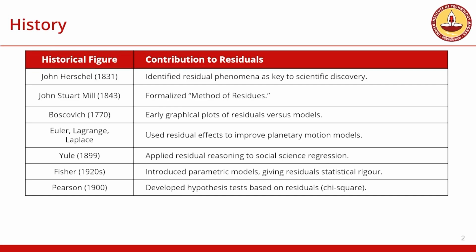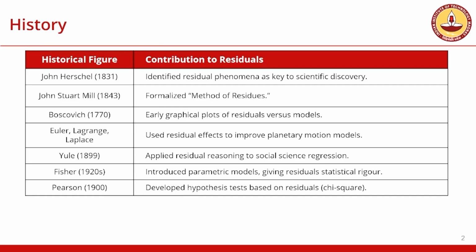The simple model predicted equal arc lengths everywhere, but the observed differences, the residuals, suggested that the earth was actually an ellipsoid, slightly flattened at the poles. After that, Roger Joseph also visualized and plotted these residuals in 1770, providing an early example of residual analysis through graphical means.